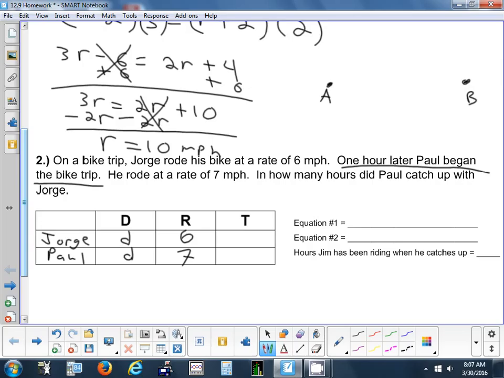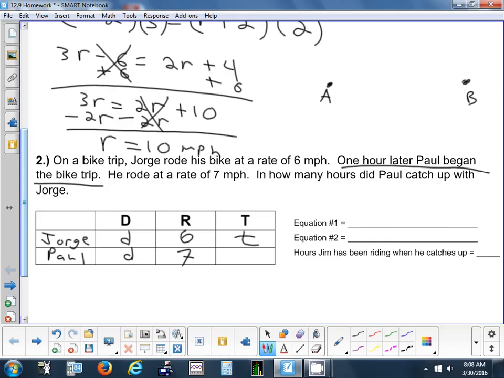T by itself for George. Okay. So if we put George as t, it says Paul began riding an hour later. So how would you represent an hour later? Think like if I rode 6 hours and you started an hour later, it would be 5 hours. So think, what do you do to 6 to get 5?